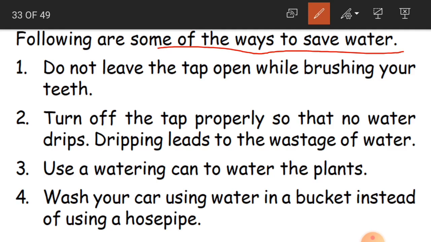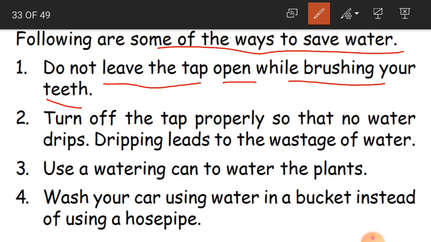The first one is, do not leave the tap open while brushing your teeth. When we brush our teeth, we keep the tap open from the start till the end of brushing. We do not need the water from the beginning till the end.